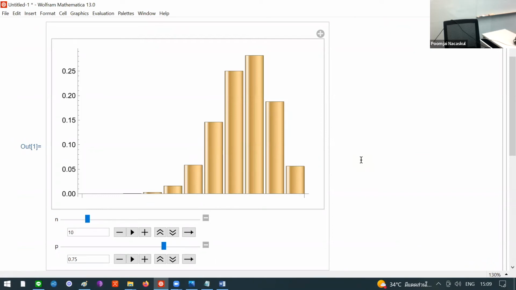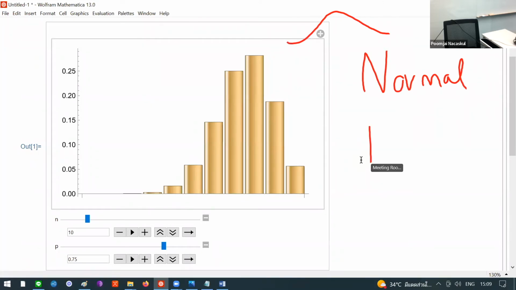You have normal. Okay, this works when you have a continuous range of numbers. Then you have binomial. Binomial is where you have independent events 0, 1, 0, 1, 0, 1, 0, 1, 0, 1, 1, right? And you get something like this.